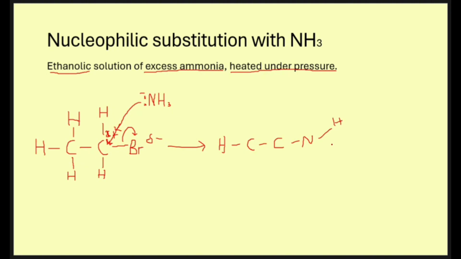But the difference with this one is that we have a positive on this amine, because we have 4 bonds to it, which it doesn't like, so we need to remove one of them. So we just do this by reacting it with just taking this bond here and putting it on like that.